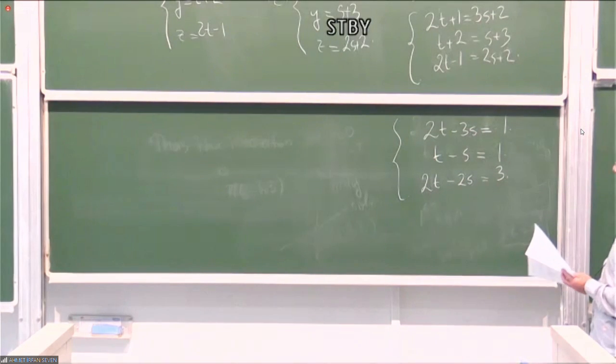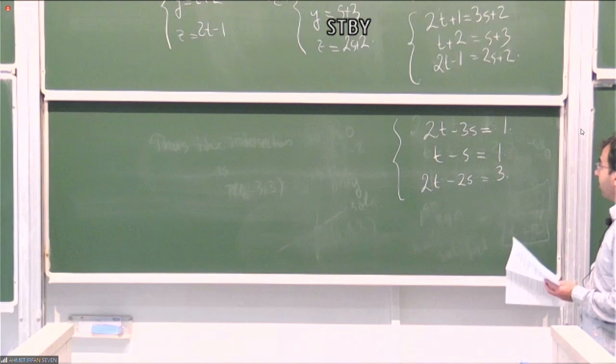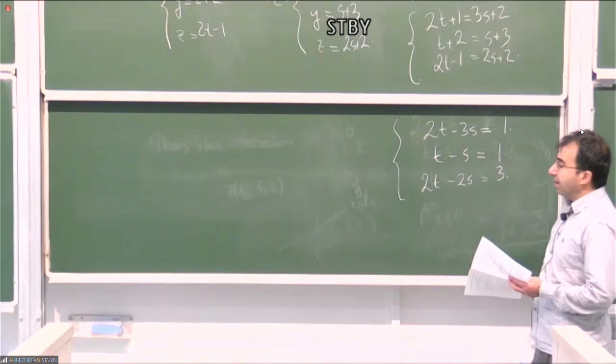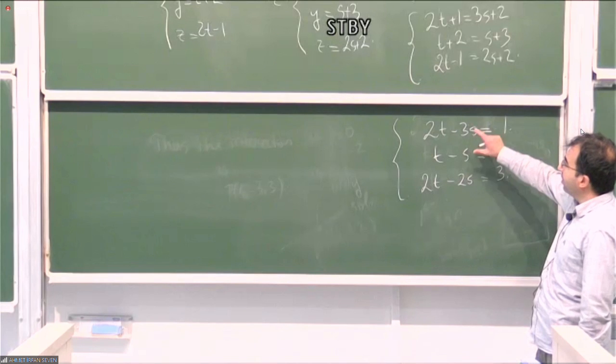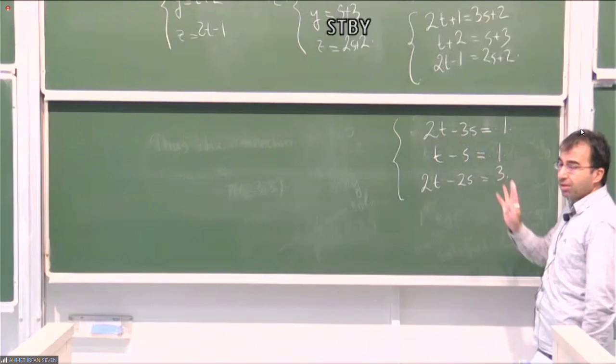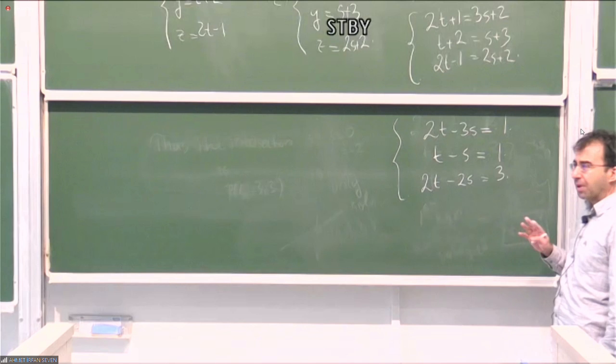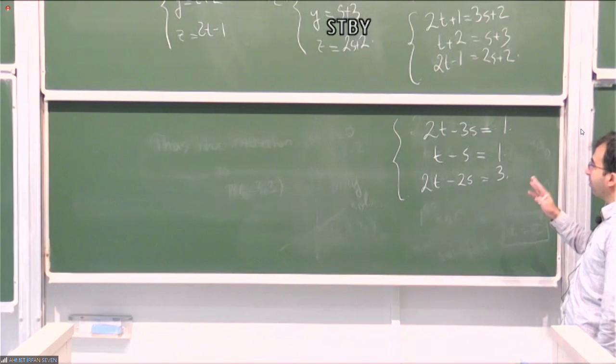Okay, how do we solve these things? Well, we do it as we did before. We have two unknowns and 3 equations, but we know how to solve for two unknowns.